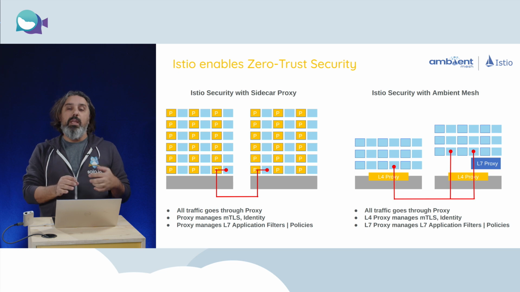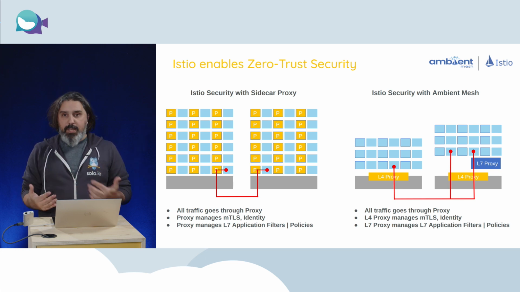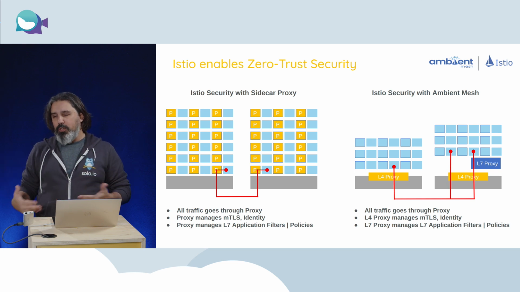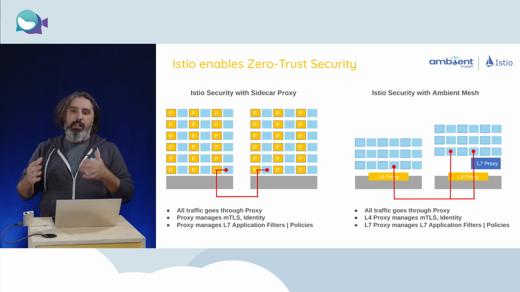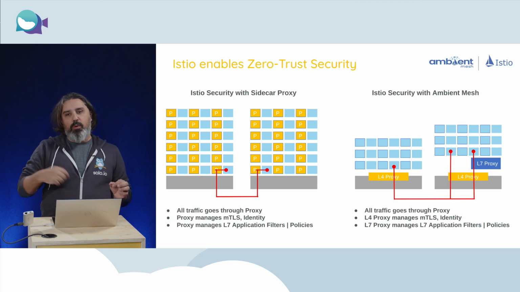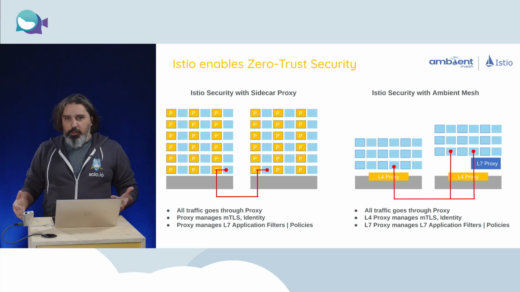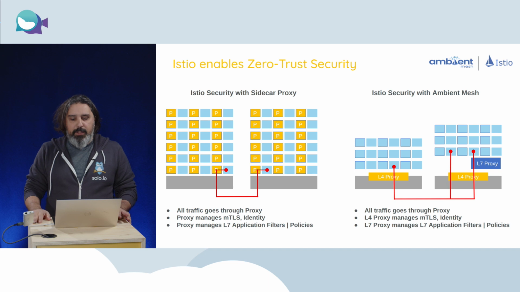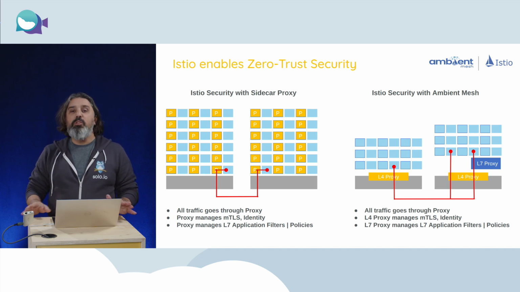Now, if a workload also has an application policy associated with it, then, and only in that case, that traffic will go through the layer 7 proxy. We call it the waypoint proxy. So if you don't need layer 7 forwarding, then you're not going to use it.